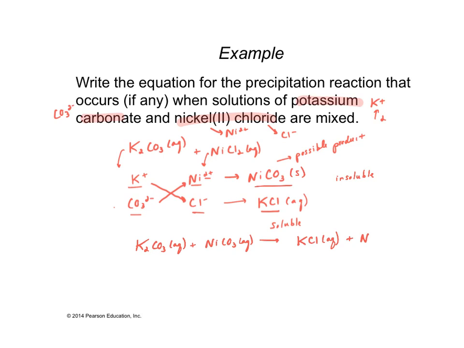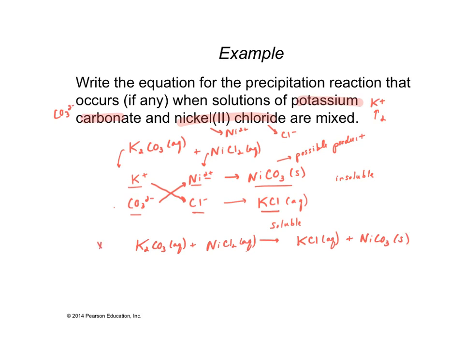It wasn't nickel carbonate, it was nickel chloride. Nickel chloride, aqueous. So potassium carbonate, nickel 2 chloride, potassium chloride, and then nickel carbonate. And again, this was our solid, okay?